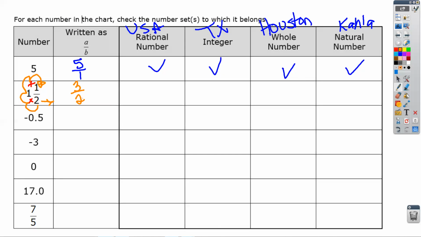Is 1.5 an integer? Remember, integers were positive and negative whole numbers. So if it's not a whole number, it cannot be an integer because it's not a whole number. So therefore, it has to be rational, because remember, rational included all fractions.